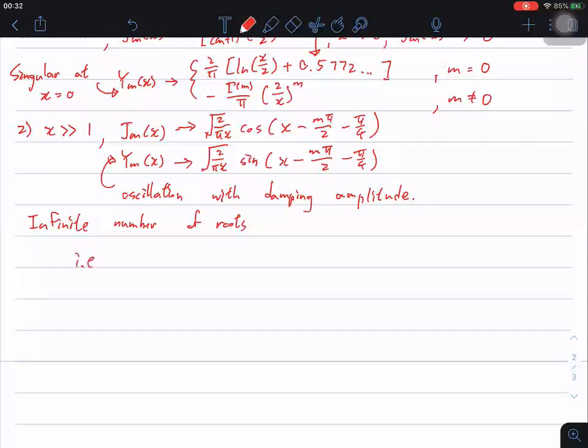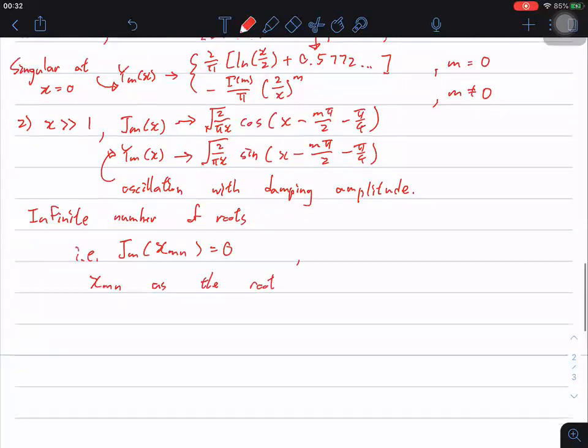For Jn, the Bessel function of the first kind, I define x_mn as the n-th root of Jm of x.